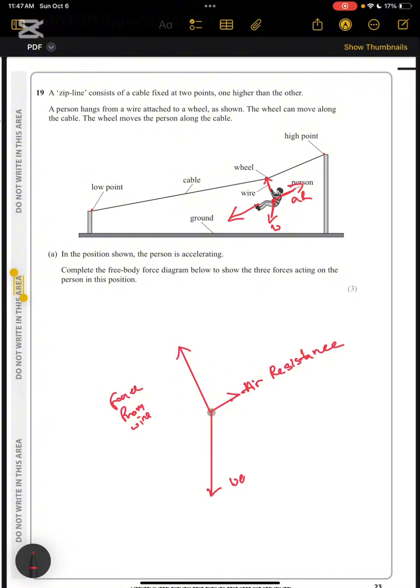These are the 3 forces that are acting on the person.